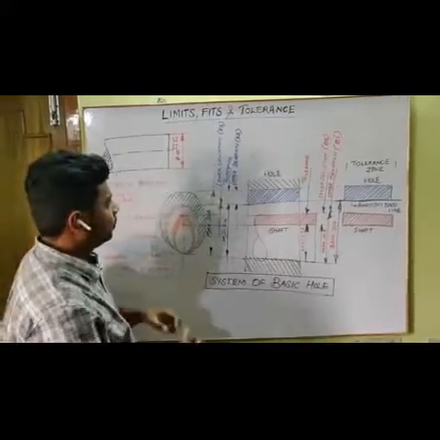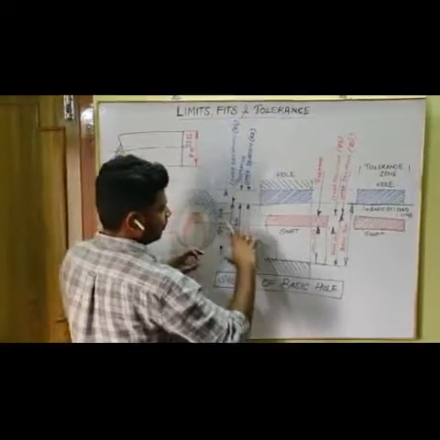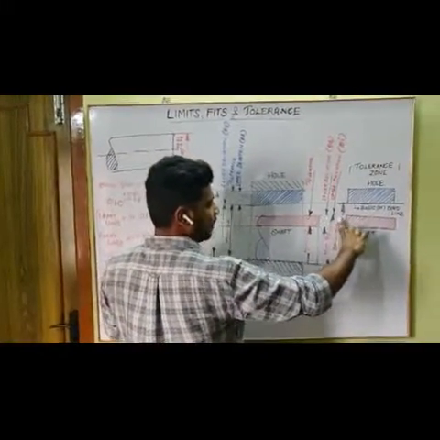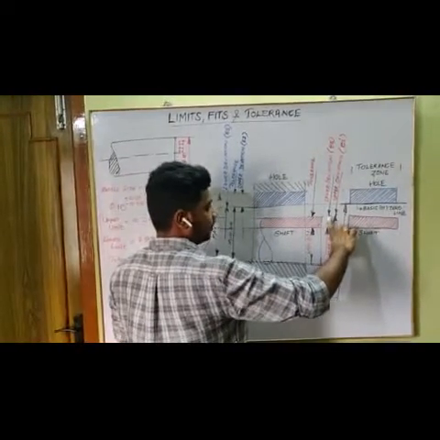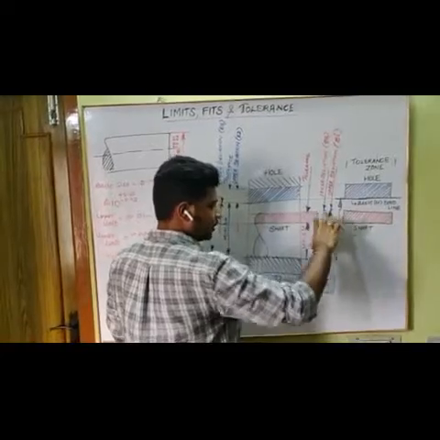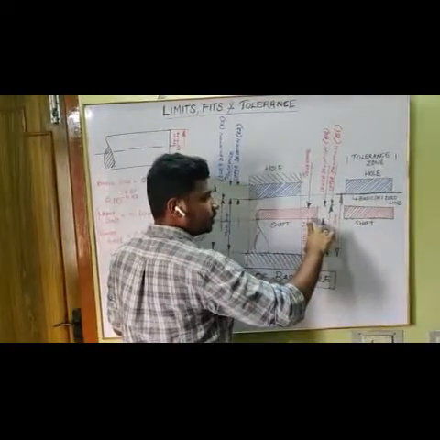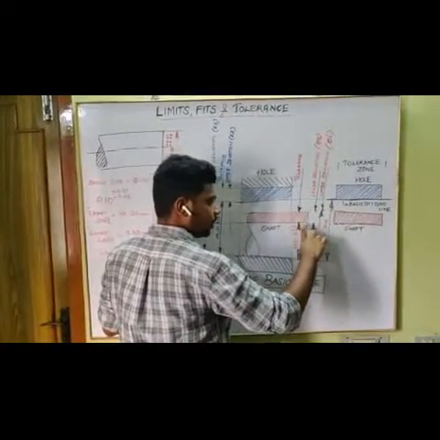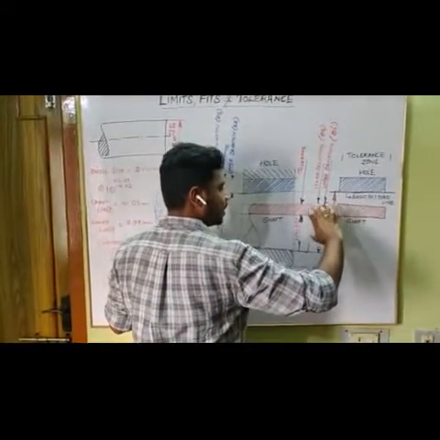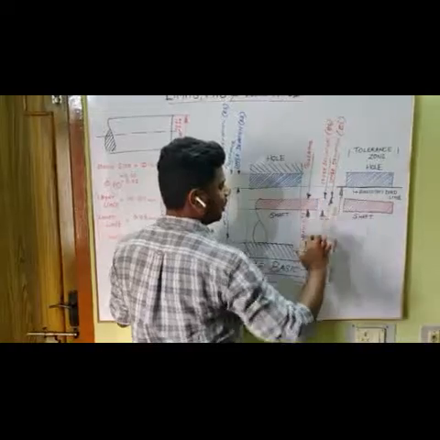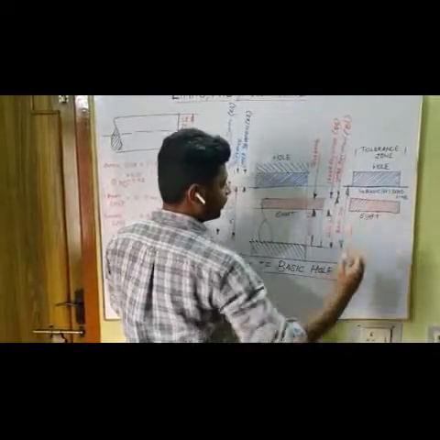So what do you mean by tolerance? The shaft has maximum diameter when it is produced at maximum deviation, or maximum limit, or upper limit, and when it is produced at the lower limit, or minimum limit, that is the lower limit. The difference between this maximum diameter and minimum diameter, that zone, is called the tolerance zone for the shaft.